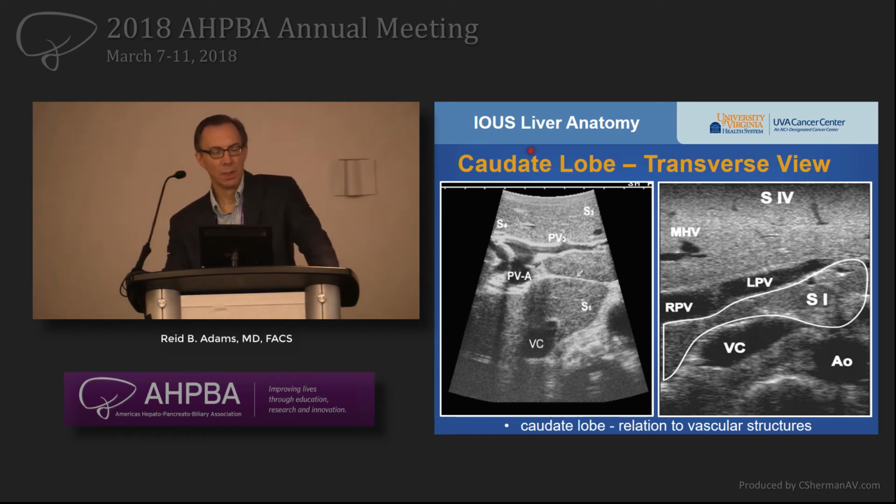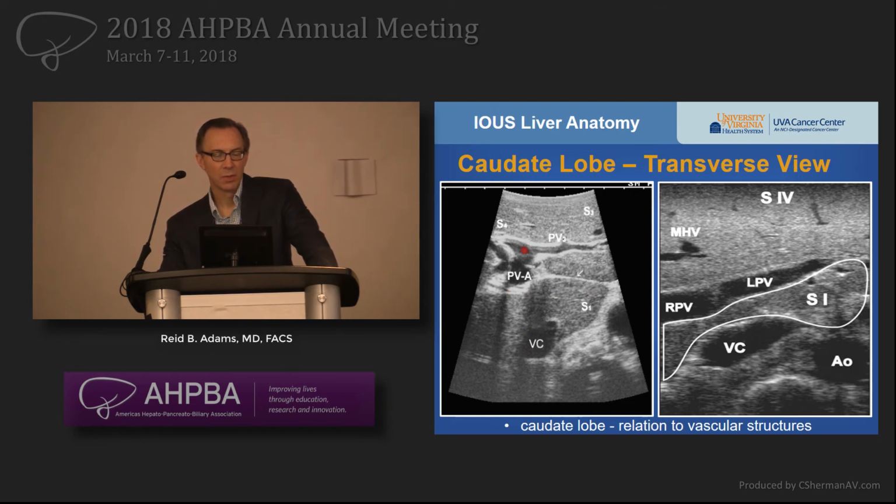So this is a look over the left portion of the liver. You can just see again the ascending portion of the left portal vein, the segment 3 pedicle coming out here, segment 4 pedicle coming out here. This thin white line is the gastrohepatic ligament. So as you know, that separates the left lateral sector here from segment 1 and then the vena cava.